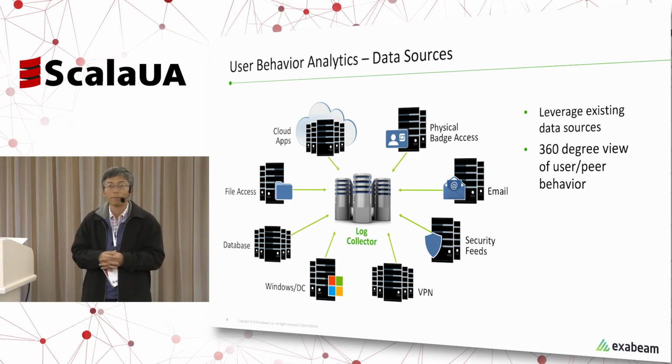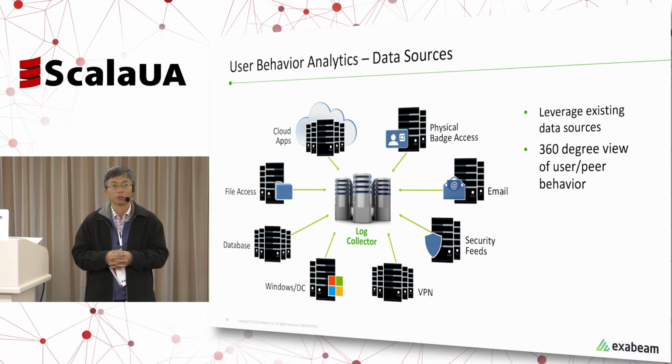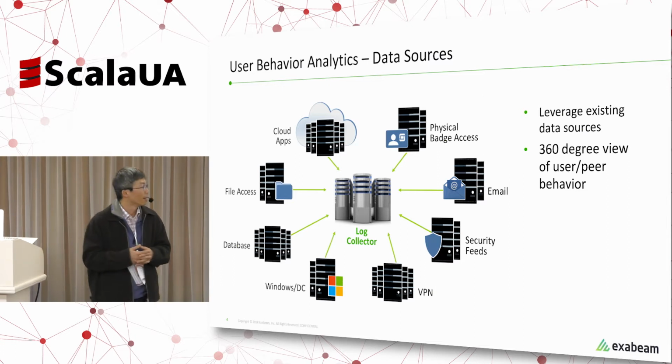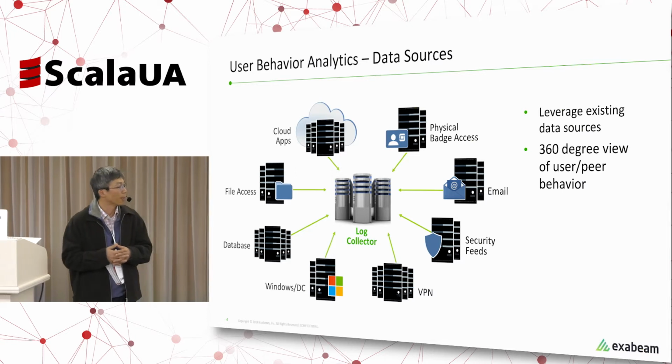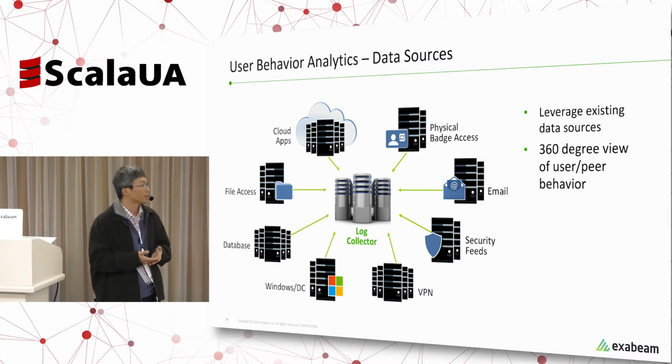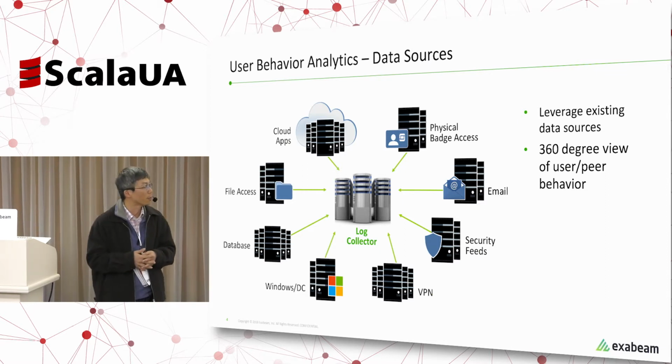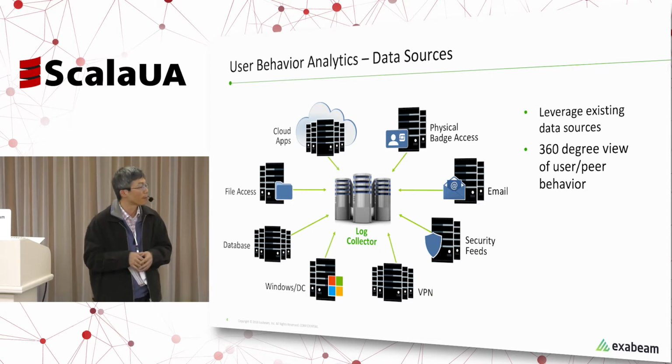Or you might have a VPN log. This allows you to see which users tend to come from which countries, and that again allows you to profile their VPN activities. And these are not the only two. We are also talking about database logs, file access logs, cloud application logs, physical badging access logs, and so on and so forth.